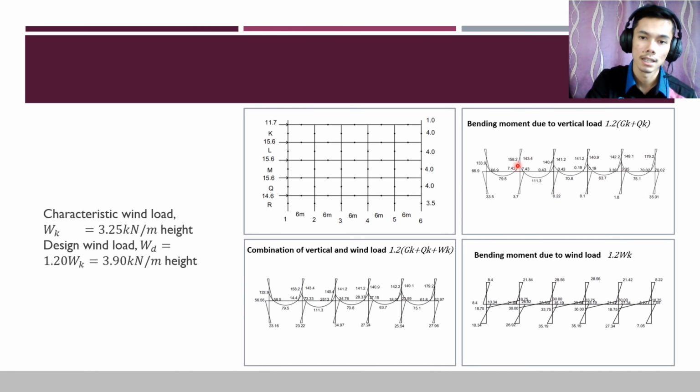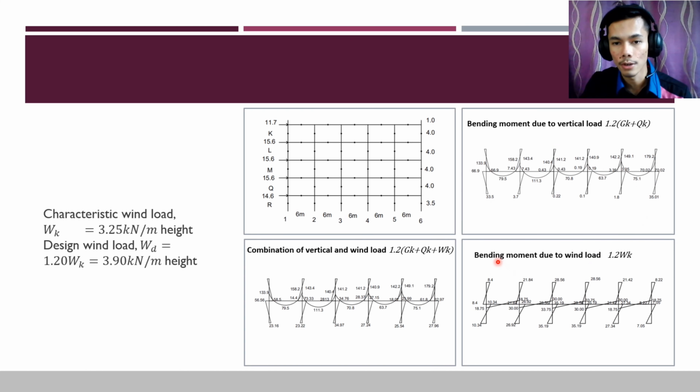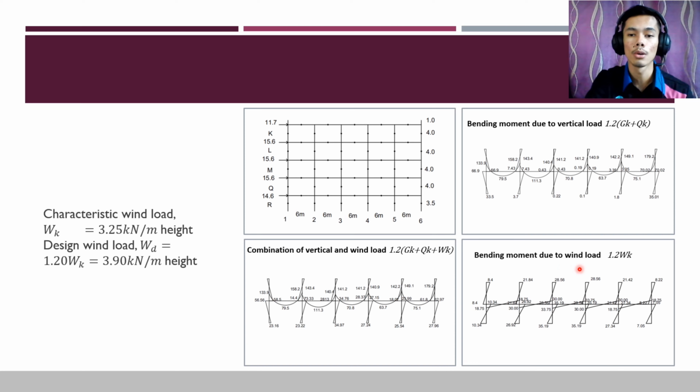We get this diagram. Next, for the bending moment due to the wind load 1.2 Wk, we get this diagram. And lastly, for the combination of vertical and wind load, 1.2 Gk plus 1.2 Qk and 1.2 Wk, we get this diagram.